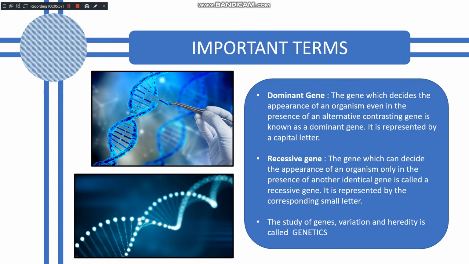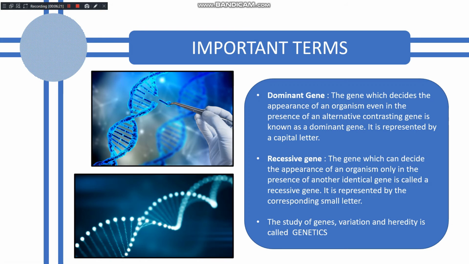So dominant gene and recessive gene, what is meant by it? The gene which decides the appearance of an organism even in the presence of an alternative contrasting gene is known as a dominant gene. Like, as I told you, one capital T and one small t.